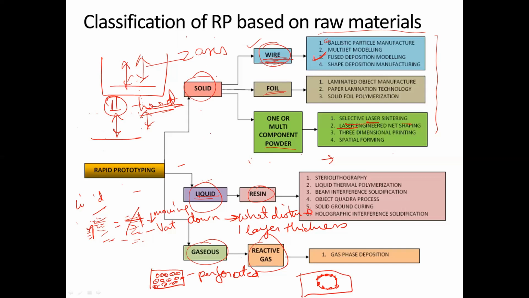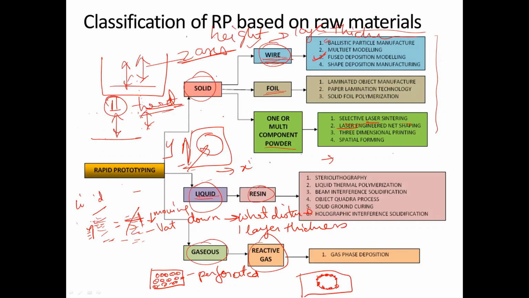What happens is the machine head actually moves around this bed. This is your X and this is your Y. The Z axis is governed by the height. This is responsible for the height of the part, and the height of the part is related to your layer thickness. So there are different parameters that you will be learning as you go on learning this course.